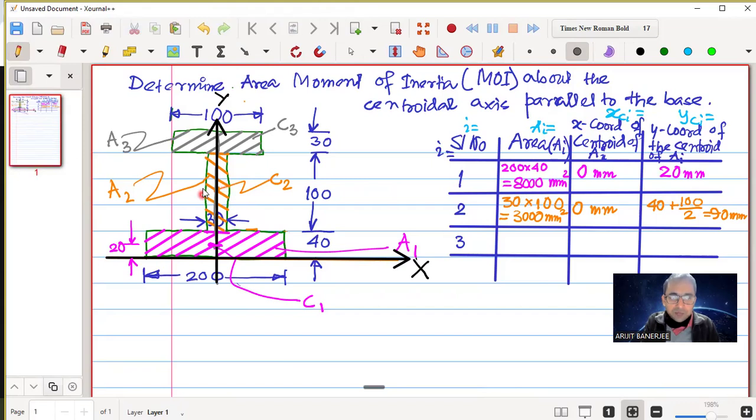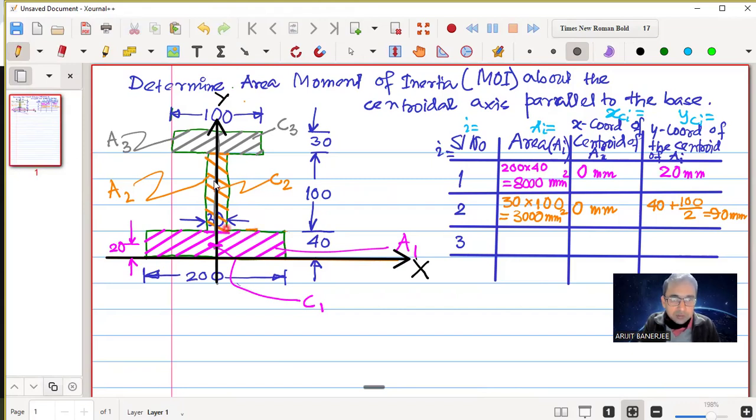So this orange color area, what is the centroid of this? That centroid will be based on the length of this area. So what is the length? Length is 100. Next, 100 is measured from where? 100 is measured from this line. And this line is shifted from the x-axis by 40 mm.